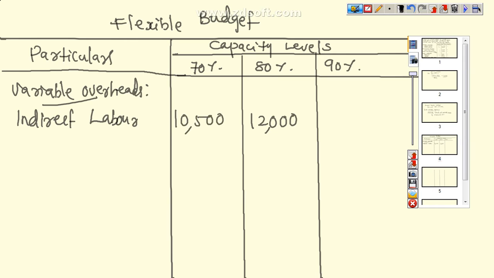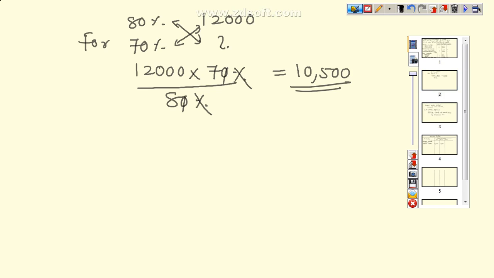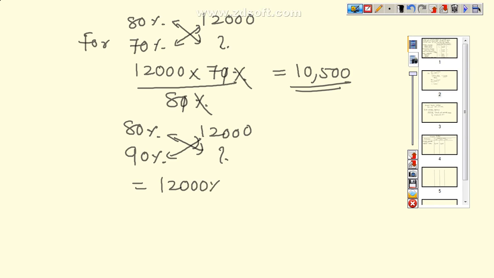10,500. And next, for 90% capacity, we know the value of 80% capacity, that is equal to 12,000. Now how to calculate for 90% capacity? So simple cross multiplication, that is equal to 12,000 multiplied by 90% upon 80%.